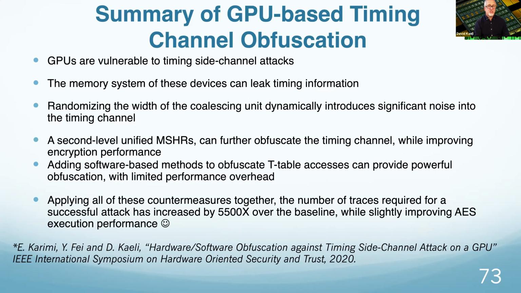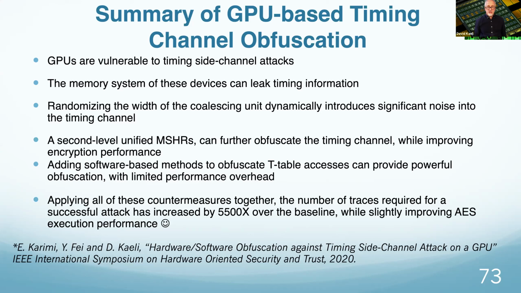So our observations here are, GPUs are very vulnerable to timing channels in the memory system. This particular work, by the way, is going to appear in HOST 2020, and the citation is below, so I encourage you to take a look at that. Randomizing the width of the coalescing unit dynamically introduces noise, which is great.